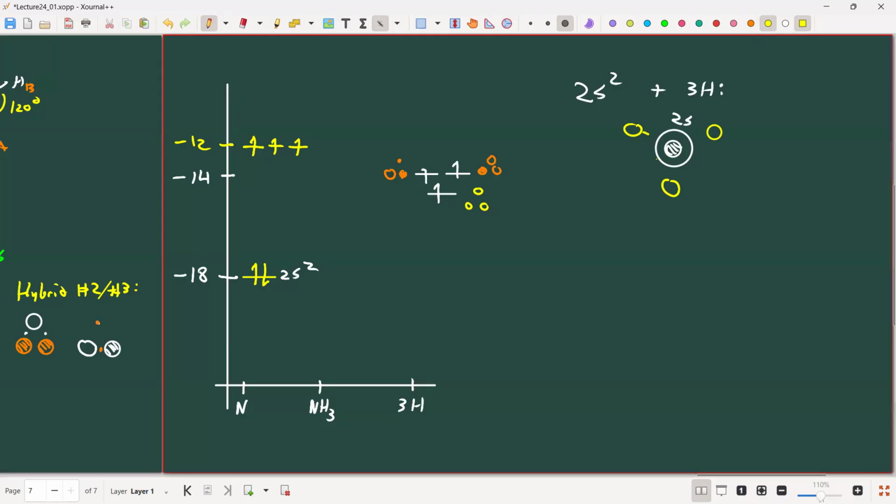And this is perfectly fine. We form a combination where those 2 add in a constructive way. Orbitals will add. So I'm going to get a combination between the 2s and the hydrogen combination, and these destabilize, just a second.